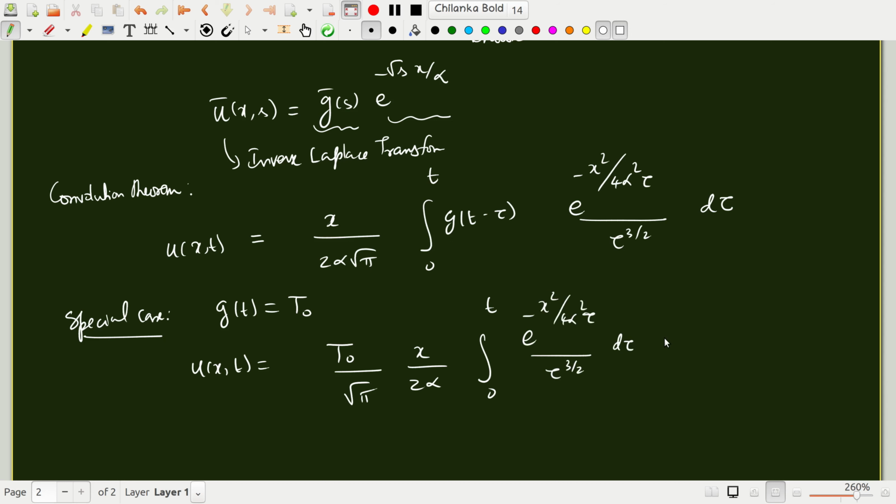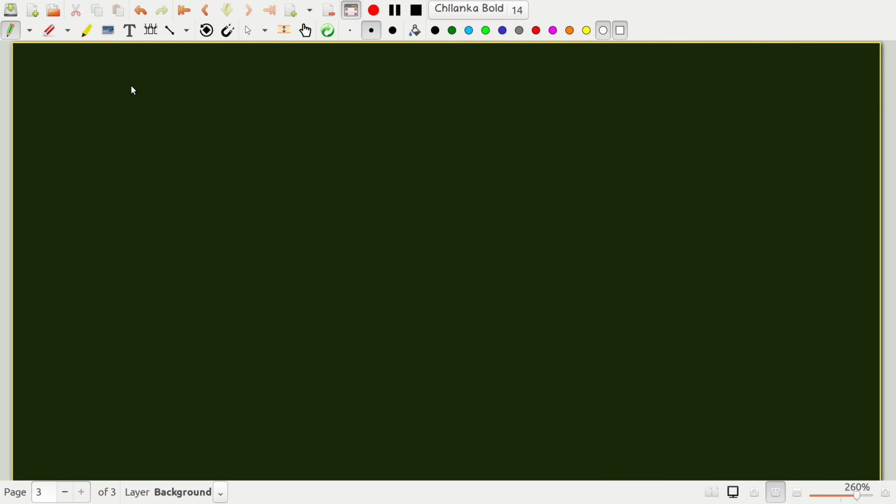Now I'm going to solve this further by changing variable. I'm going to assume that x squared by 4 alpha squared tau is equal to zeta squared, or zeta is x by 2 alpha root tau.